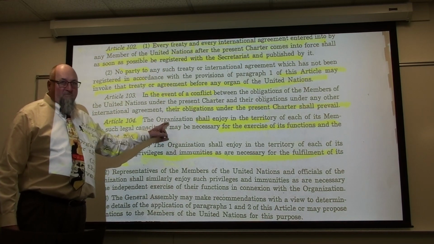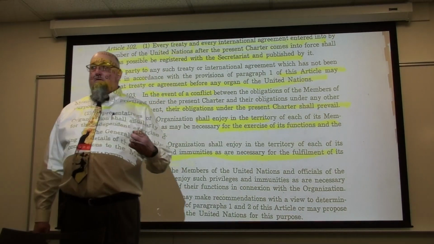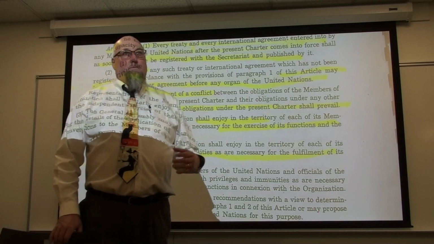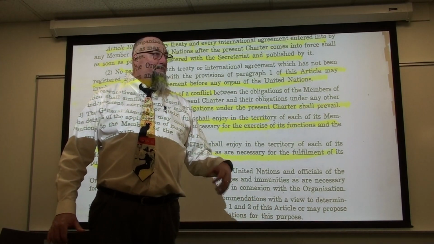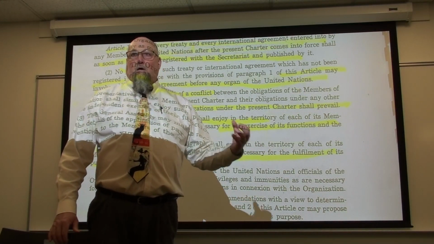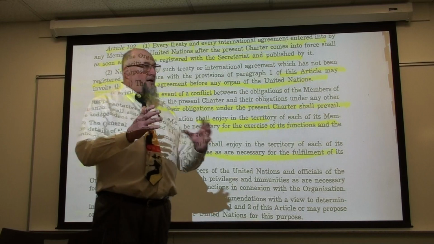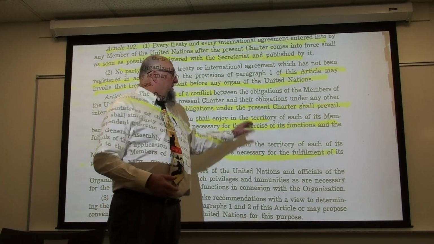What does that mean? Enjoy in the territory. This means that, to put it plainly, UN functionaries, which may include military, economic, social, health, or other types of activity of the UN and their affiliated agencies, may enjoy the territory.